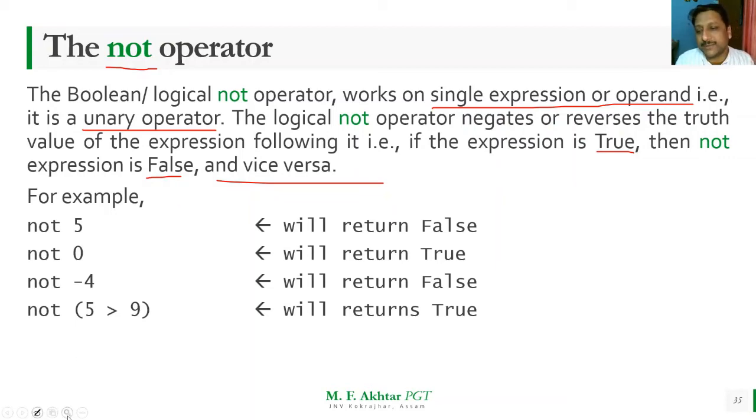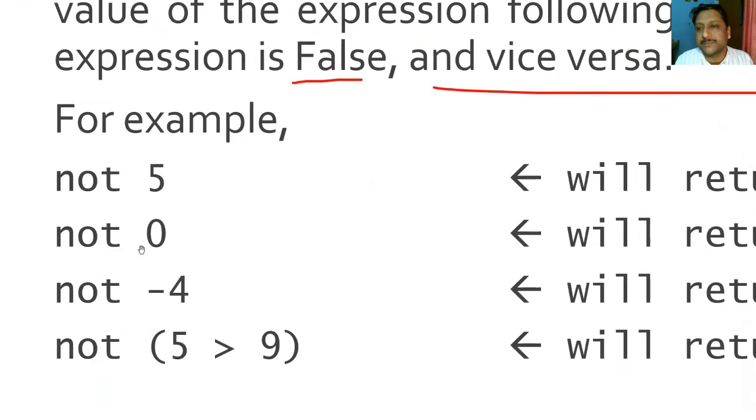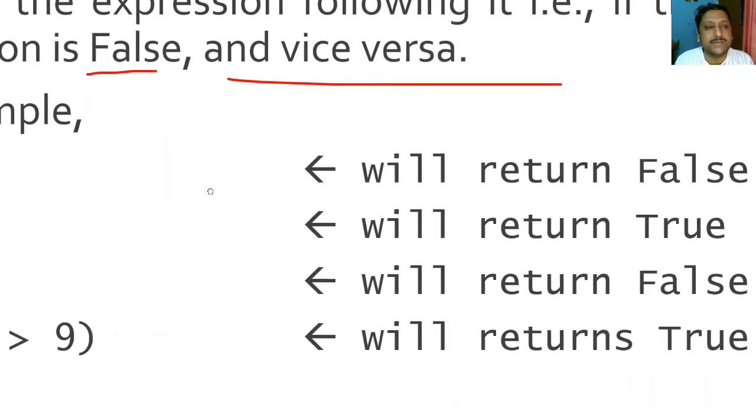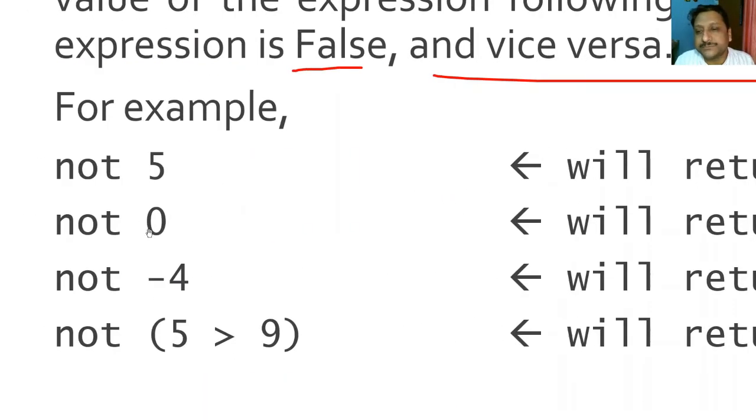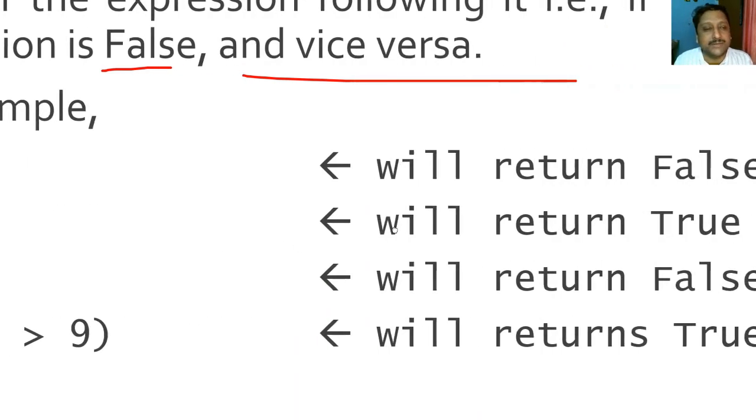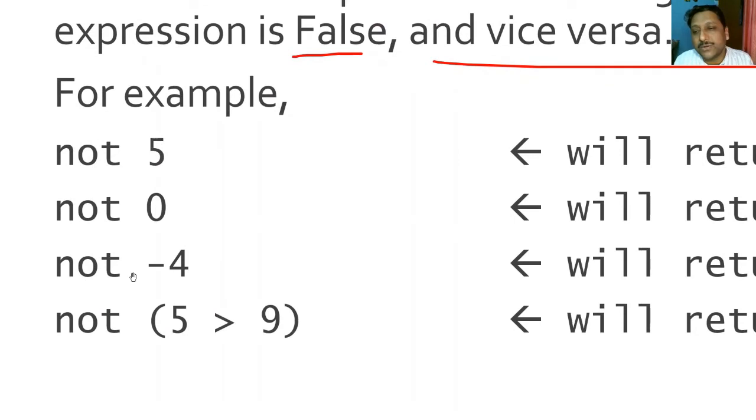See the example here, how it works. Not 5. Here 5 is a truth value, so it will return a false value. Not 0. 0 is treated as false, so it will return you a true value. Not minus 4.